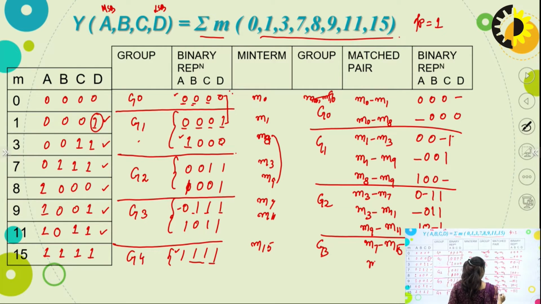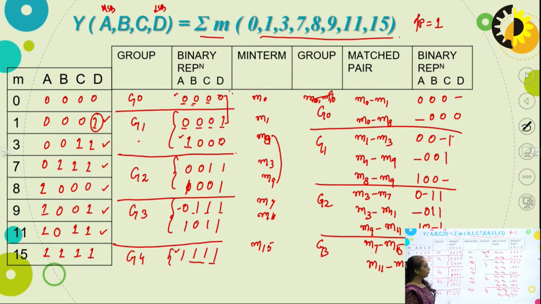Then M11 and M15, I will have 1, B will be removed, 1, 1. So in this way, this is the first step.